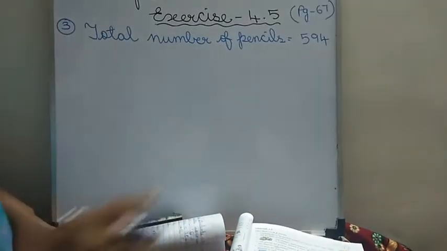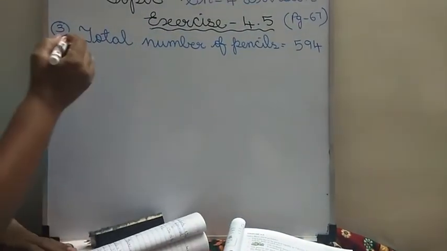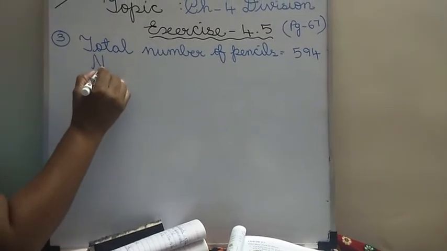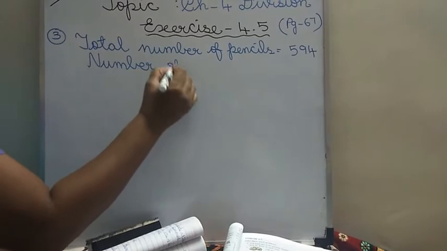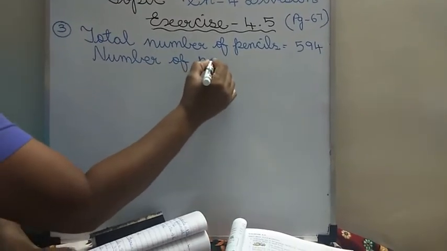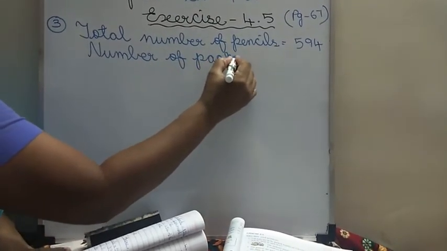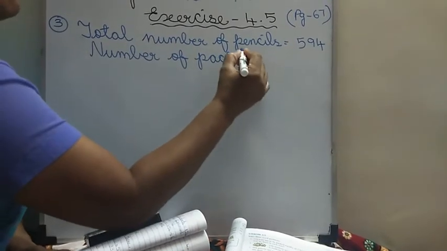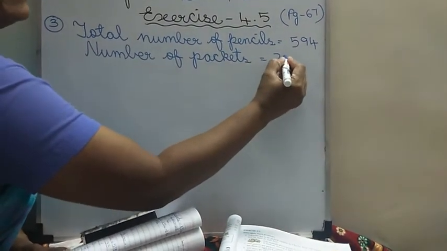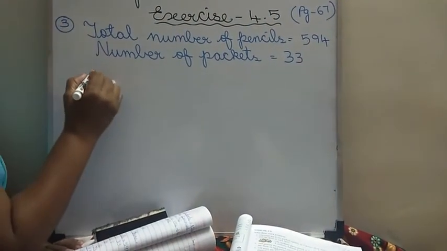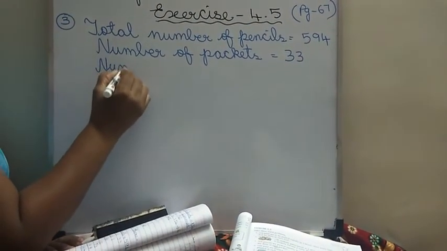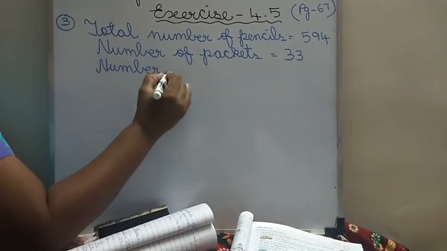And number of packets. How many packets were there? 33. And number of pencils in one packet. We have to find out the number of pencils in one packet.